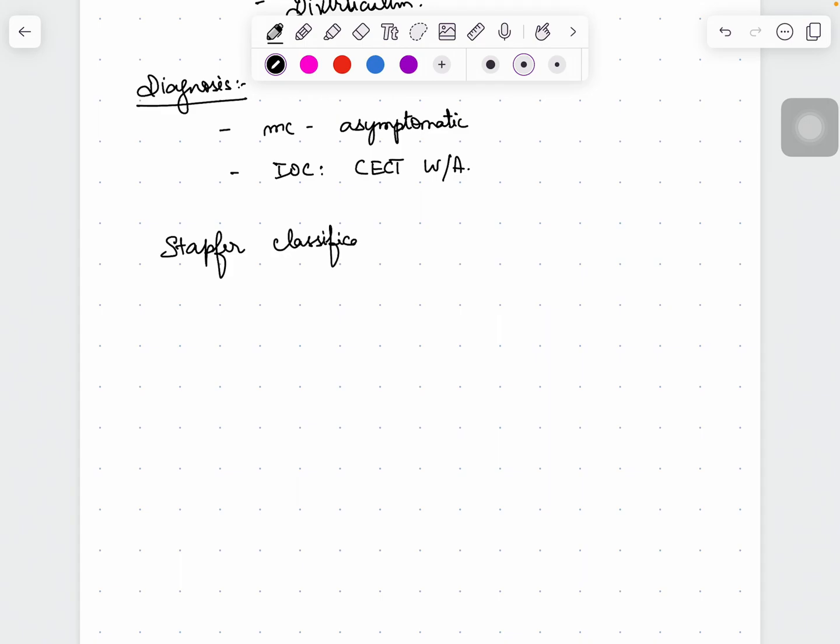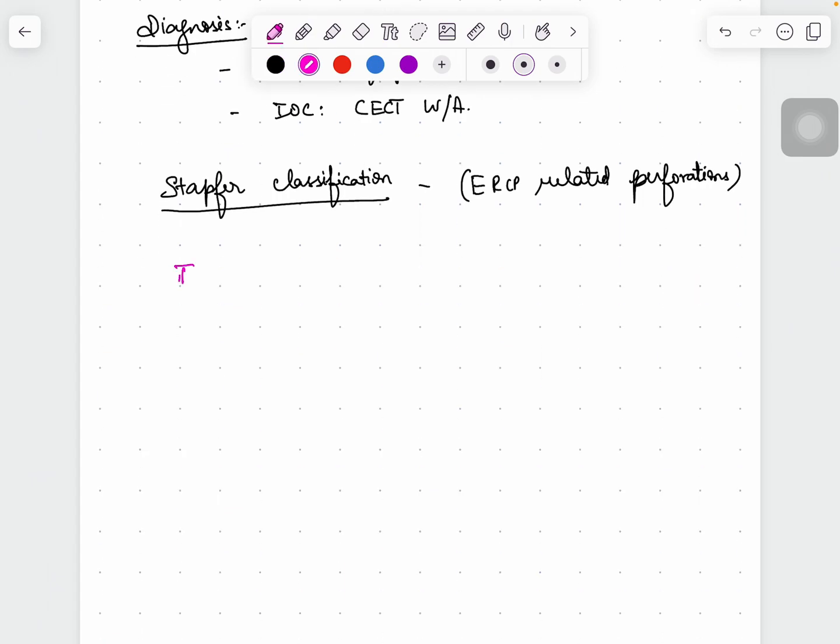This is the classification system which is used for ERCP related perforations. The classification system has grades 1, 2, 3 and 4, and here the second one is the most common. The first type is free bowel wall perforations.